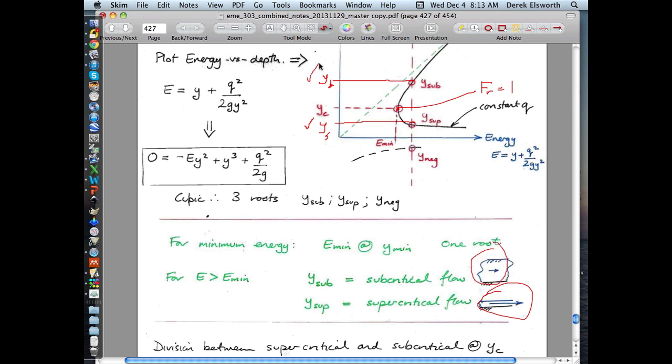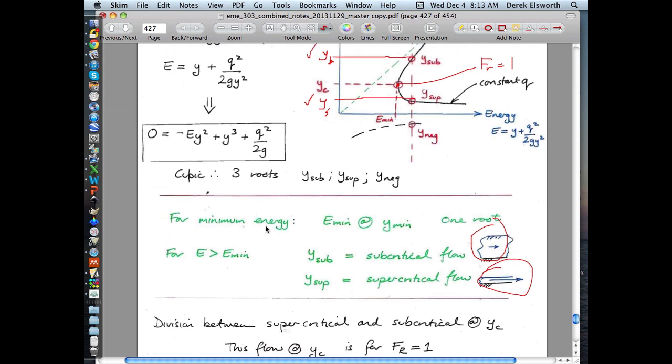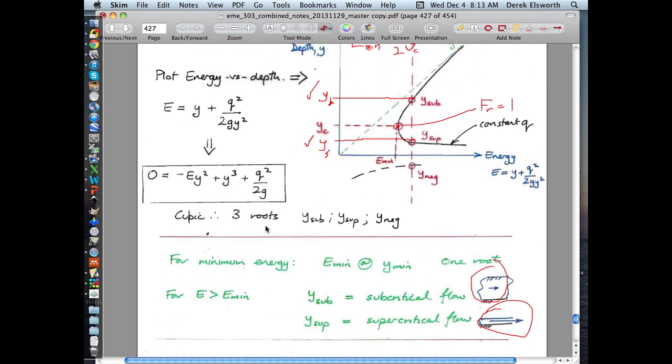So we've taken the energy equation and chosen to write it in terms of this parameter, specific energy, instead of the velocity squared term and the pressure term. And if we do that, we end up with this specific energy versus depth diagram. It's quite straightforward in terms of how we might want to use it.